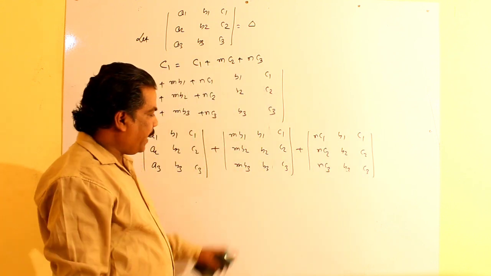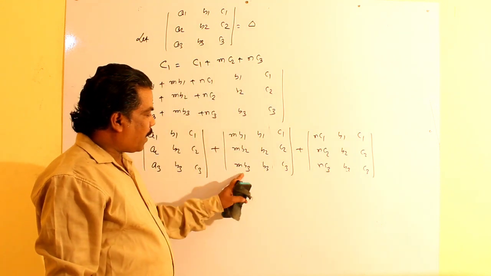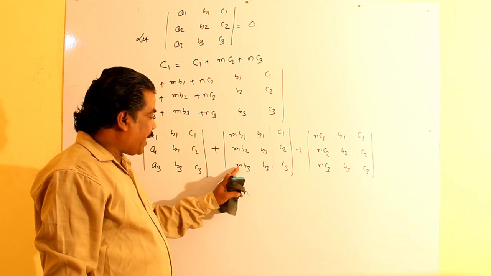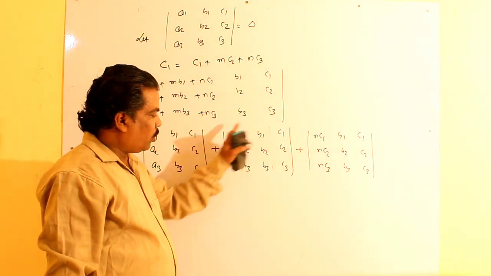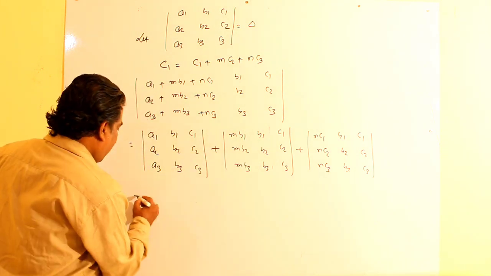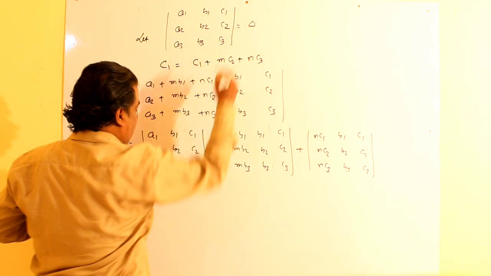Now we observe here column 1 and column 2 are proportional, so column 1 is equal to column 2, so this value is equal to 0.